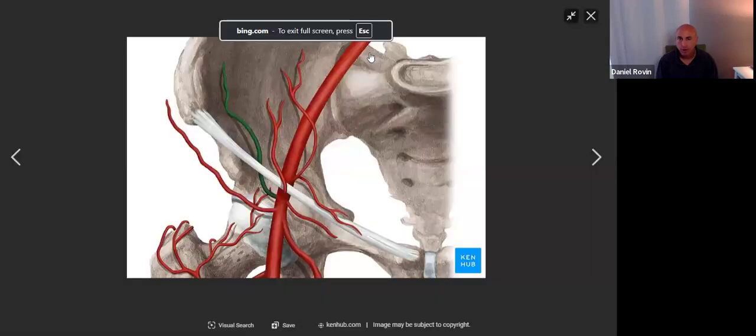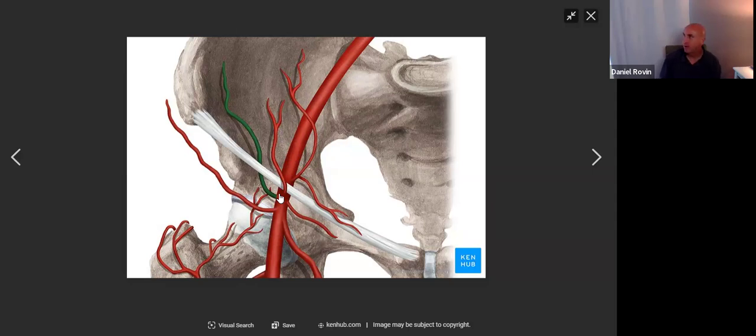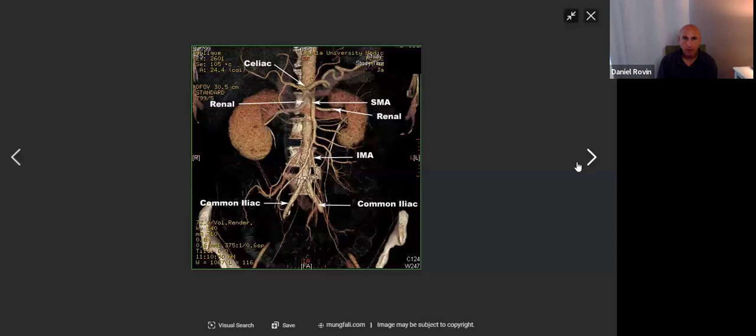So here's where it's called the external iliac. And it goes over the pubic bone underneath this ligament called the inguinal ligament. And once it's past that pubic bone and inguinal ligament, it changes names from the external iliac artery to the femoral artery. The femoral artery.